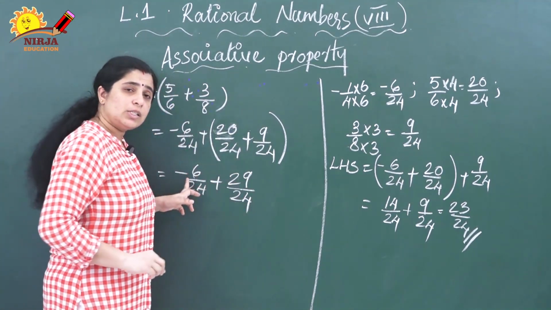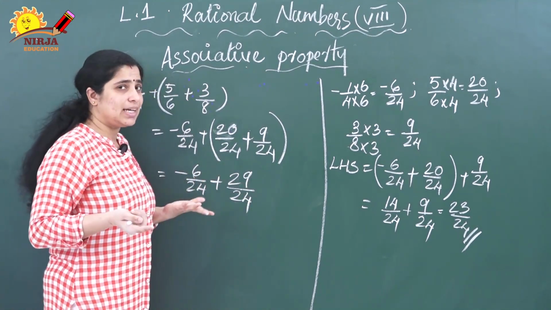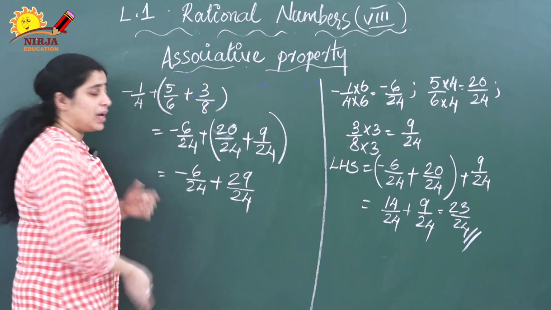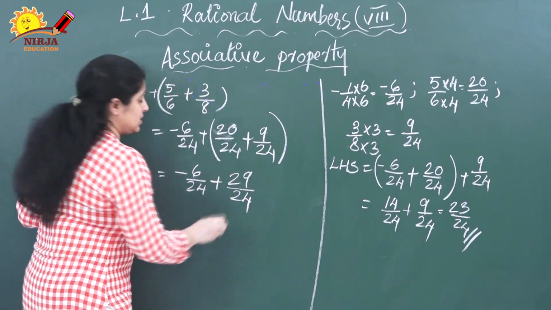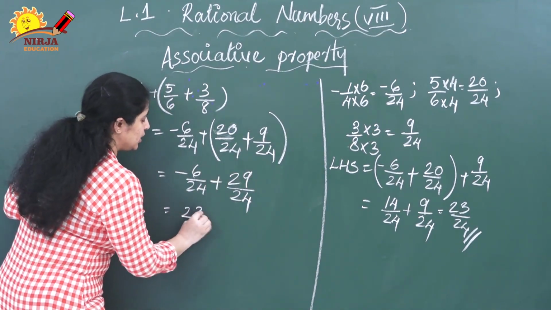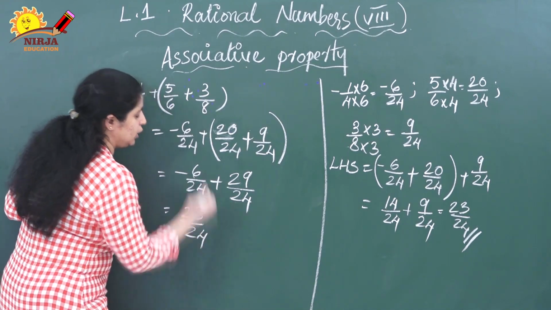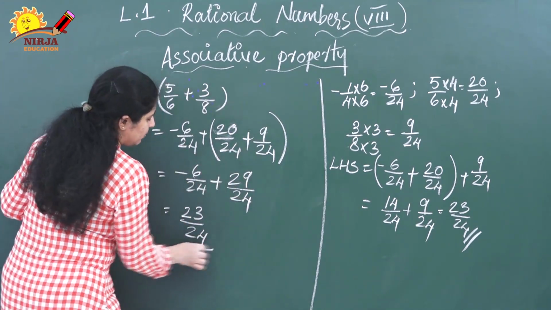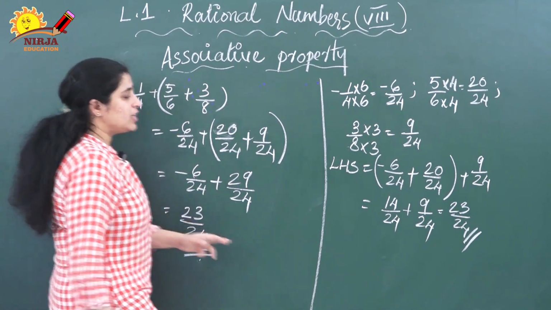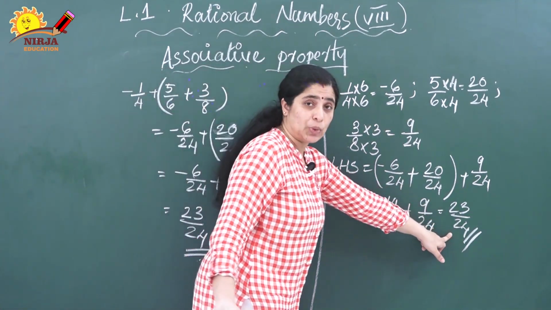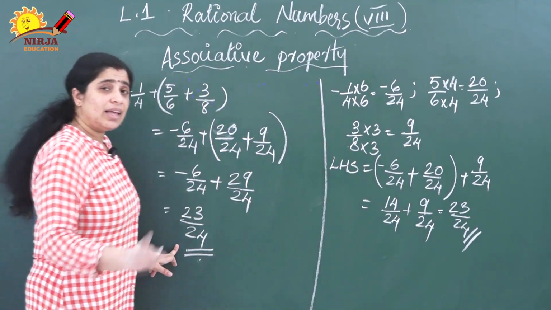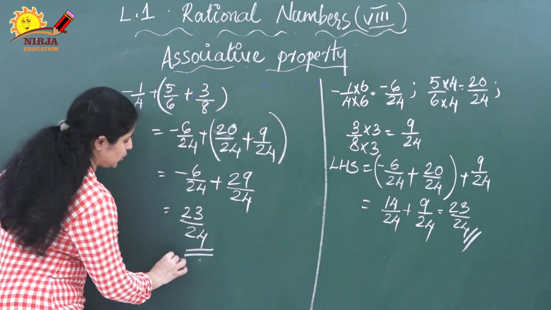Now one number is positive and the other is negative. Again the rule of integers: you have to do the subtraction. 29 minus 6 is equal to 23/24. Here the bigger number is positive, so the answer also will be positive. In the first case we got the answer as 23/24. In the second case also we are getting 23/24.